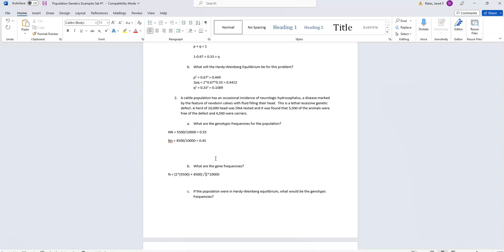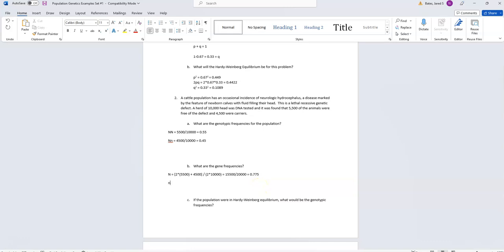Order of operations is important. This is going to equal 15,500 over 20,000, and that will be 0.775. It's not something where you just put all this in the calculator. I would figure out the numerator first, which is 15,500, and then divide by 2 times 10,000, which is 20,000.